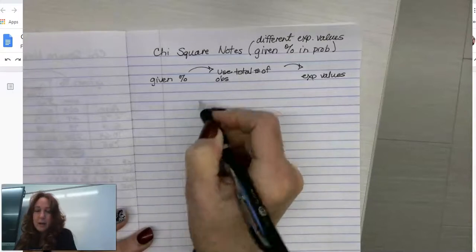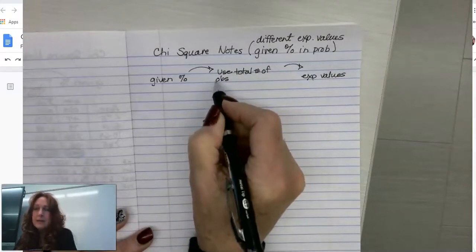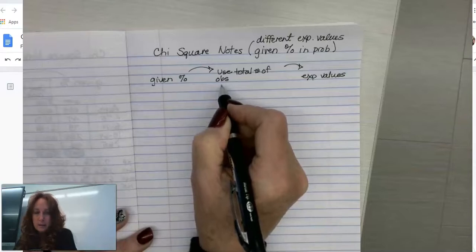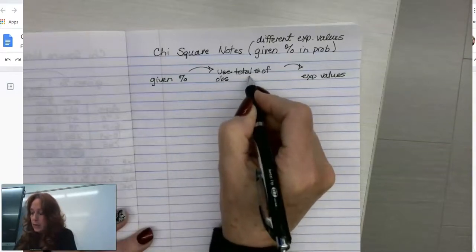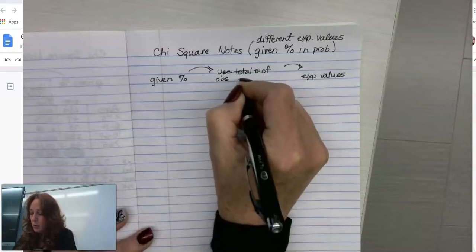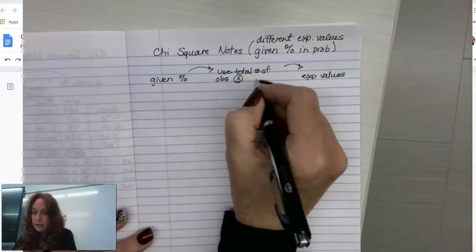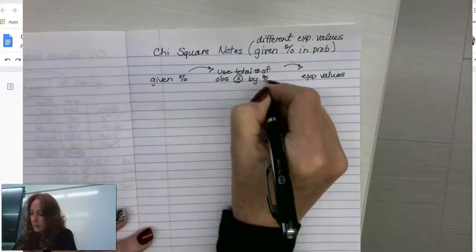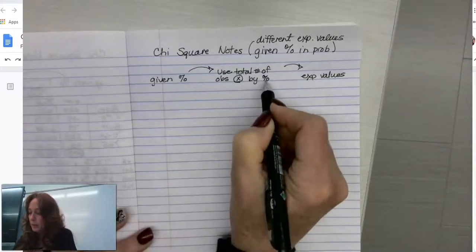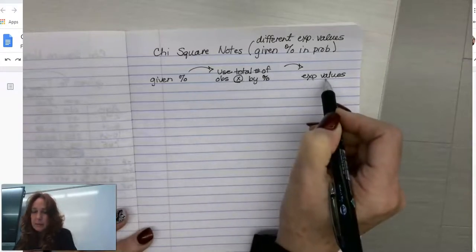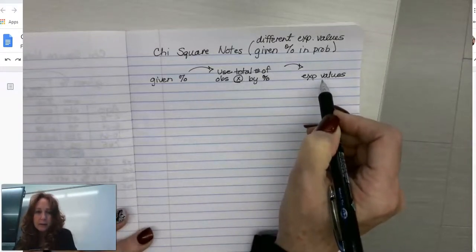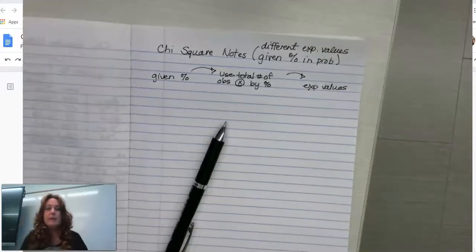So you see what size your set is of the data that you observed, and you're going to use that total, and then you're going to multiply it by the percent, and that'll tell you what percent of what you observed that you would expect to be in that category.